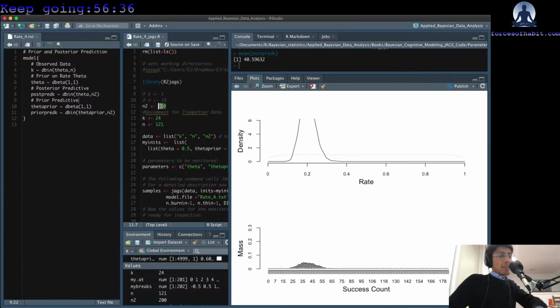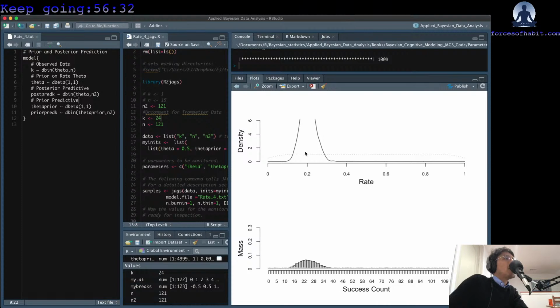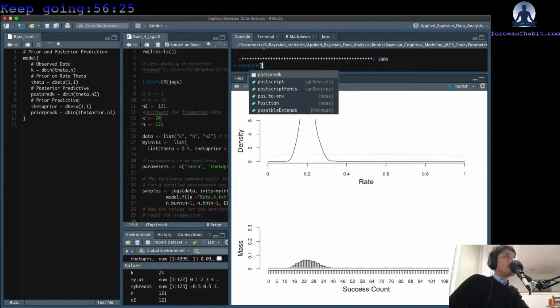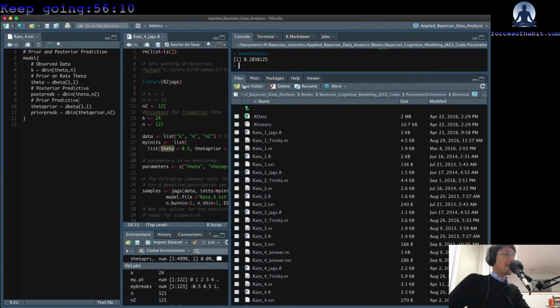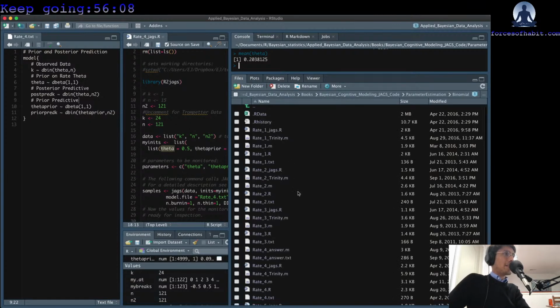I think also just looking at the prior or posterior distribution mean. I think I have some code. I just don't remember off the top of my head, which is fine.